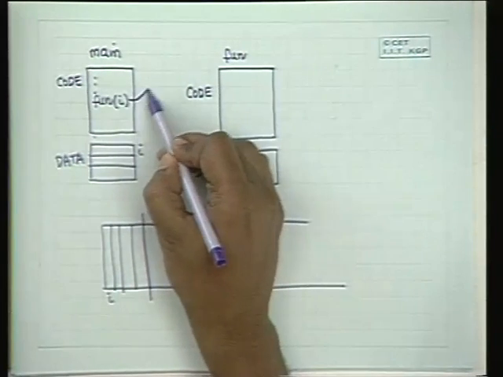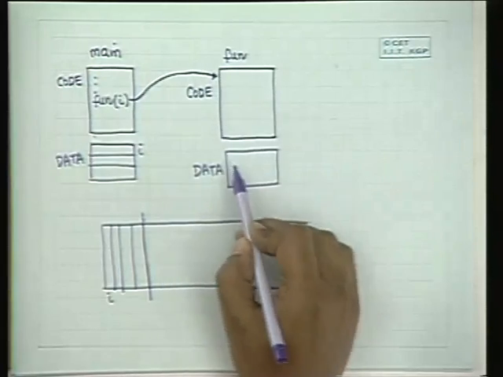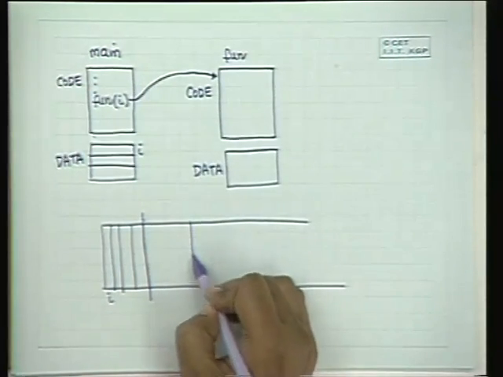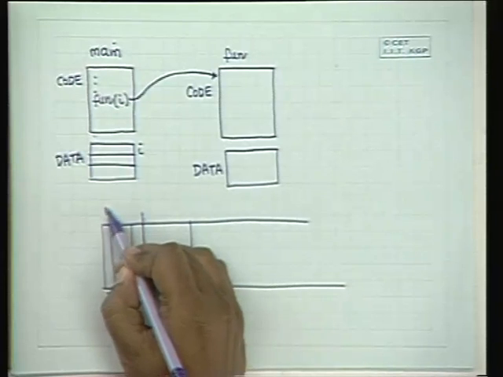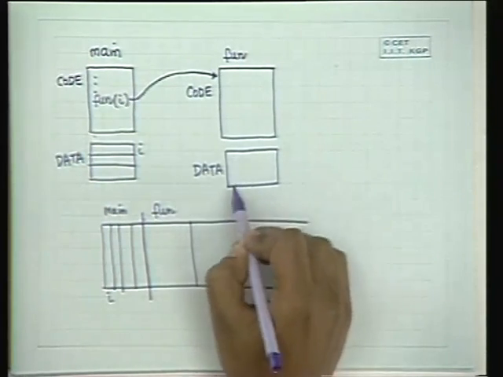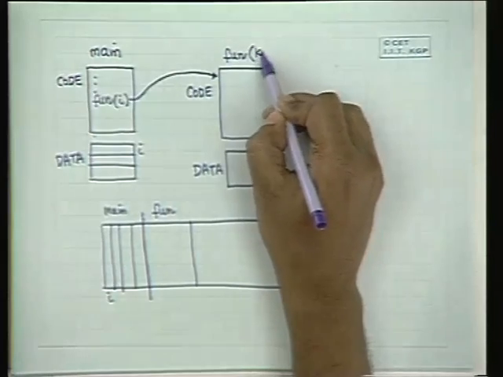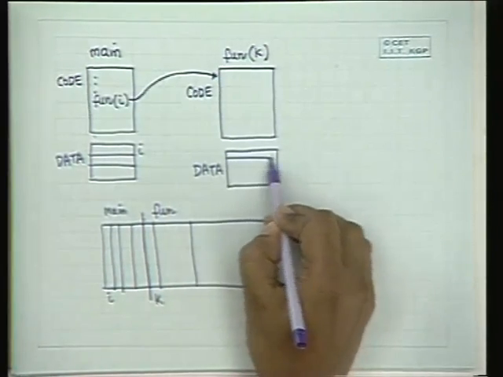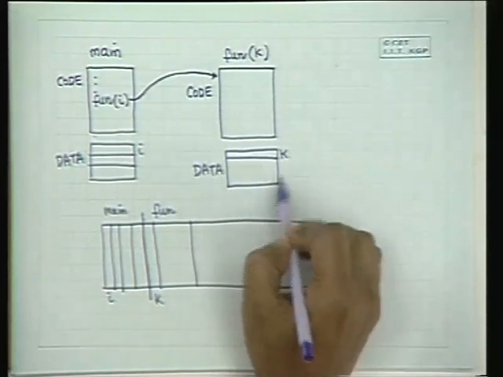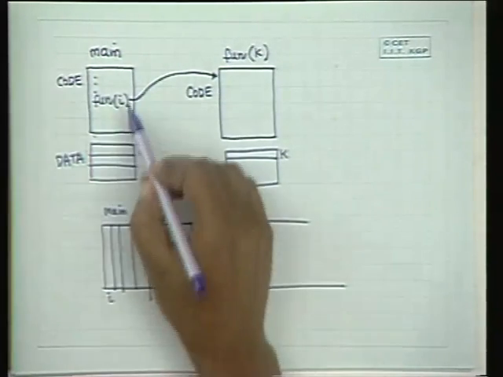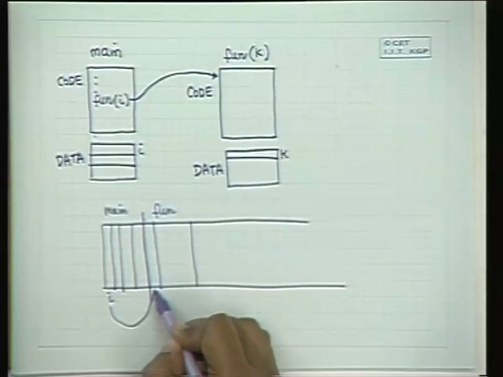Now whenever there is a call to this, a data segment corresponding to this gets stacked up. So this is main, this is fun, gets stacked up here. So this may be fun(k). Corresponding to k, there was a block which got loaded up here, and due to the call this value got copied here.